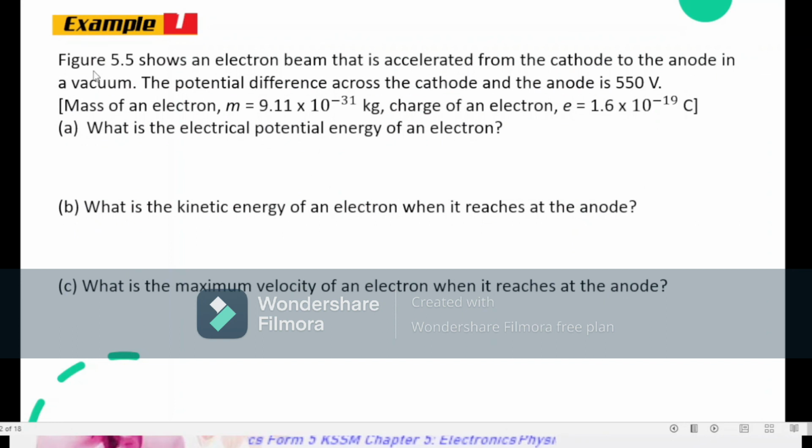Example 1. Figure 5.5 shows an electron beam that is accelerated from cathode to anode in a vacuum. Potential difference across cathode and anode is 550 volts. Mass of electron is given. Charge of an electron is also given. What is the electrical potential energy of an electron?